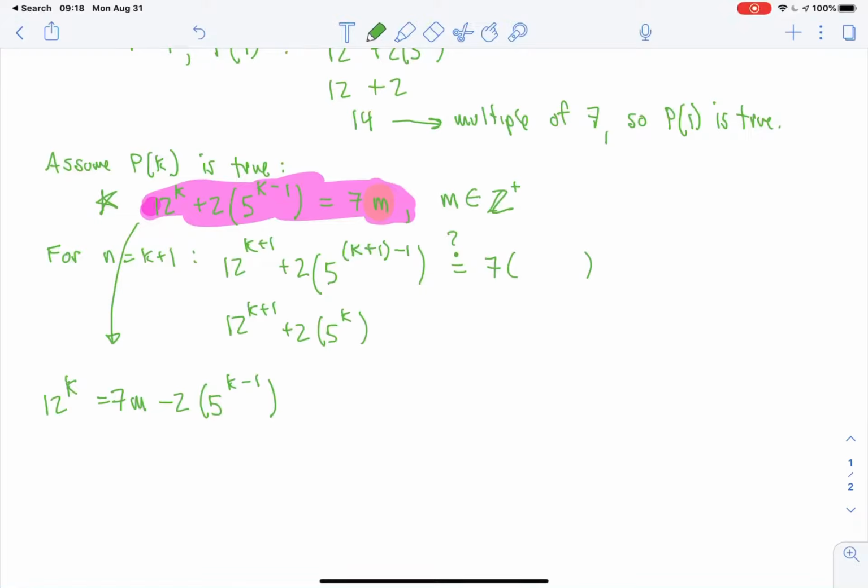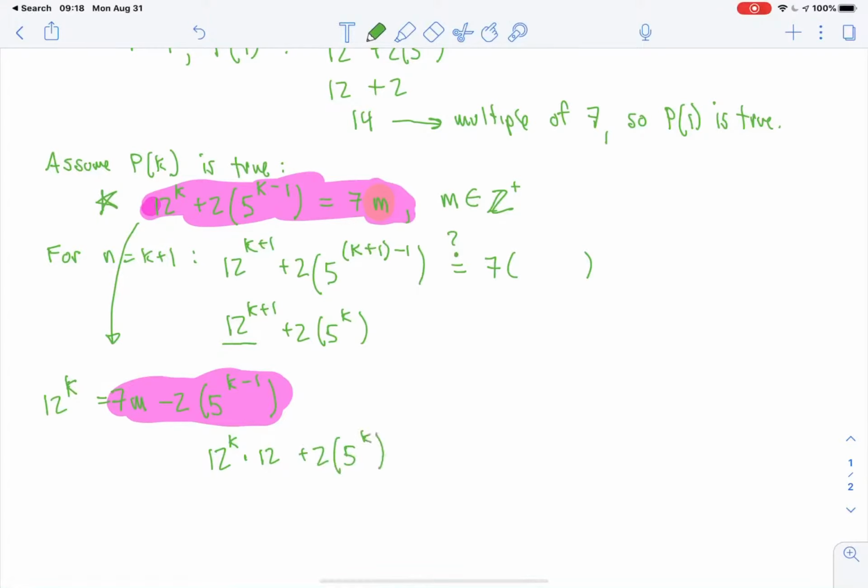Knowing this, this means that we can actually substitute this expression that we've just come up with in for 12 to the k. And so this right here, 12 to the k plus 1, is 12 to the k times 12 plus 2 times 5 to the k.